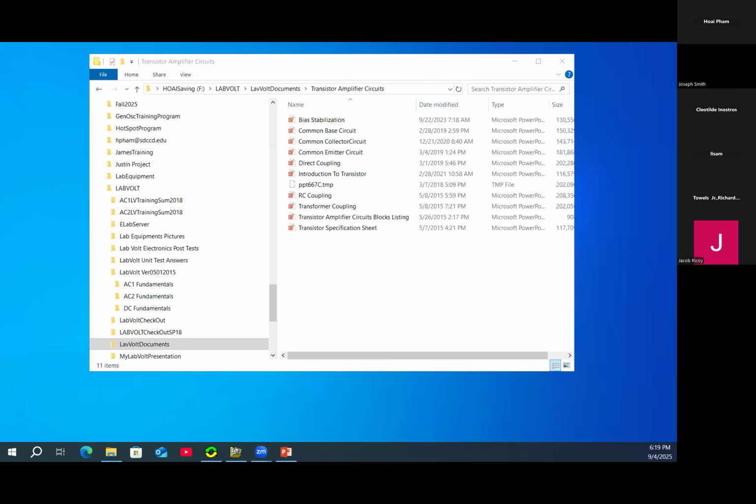Your screen, little icon. Okay, now we see your screen and you are showing us documents. We're in your lab vault documents.